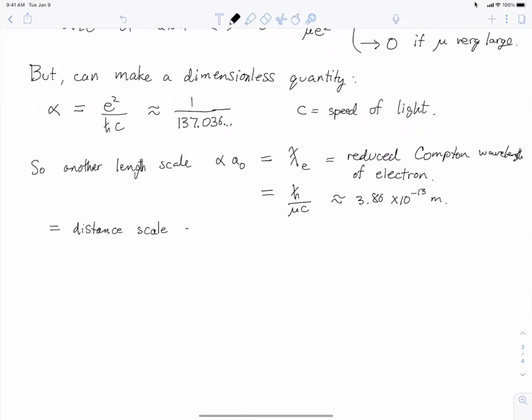It's the distance scale at which electron-positron pairs are important. And notice that we have not talked at all about positrons when we talked about the hydrogen atom, yet positrons do exist. And so to the extent we haven't taken them into account, we've been making a mistake. So this is at which this becomes important.